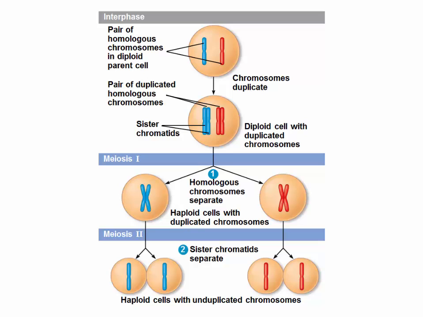But in meiosis 2, cell division occurs again. But at this time, the centromere will split, and those chromatids will actually migrate to different poles of the cell, and you end up with 4 daughter cells, each of them having half the component of the original parent. So each will have 1 chromosome.